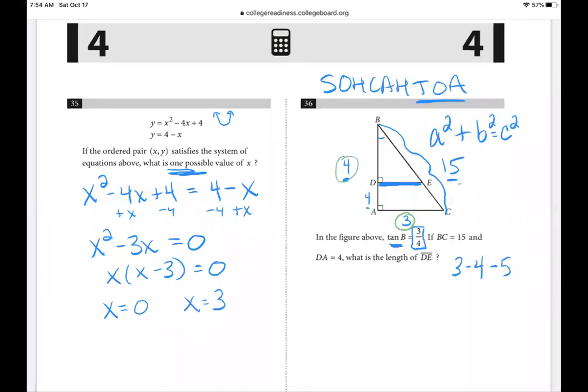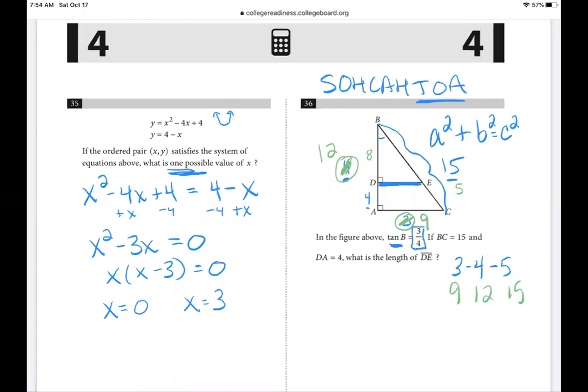Well, the ratio to get it to 15 would be multiplied by 3. So if I multiply each of those, the 3, 4, 5 by 3, this is really going to be 9, 12, 15. So this AC is actually 9, even though the tangent, the ratio of 3/4, would have been reduced. So I'm going to cross off the 3, and the 4 would have actually been 12. Okay, so now that tells me that BD would have been 8, but I am trying to find DE.